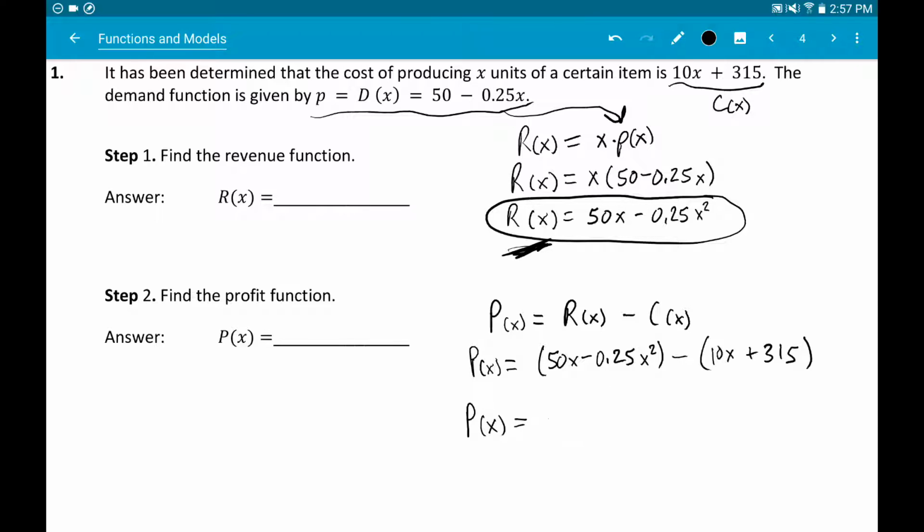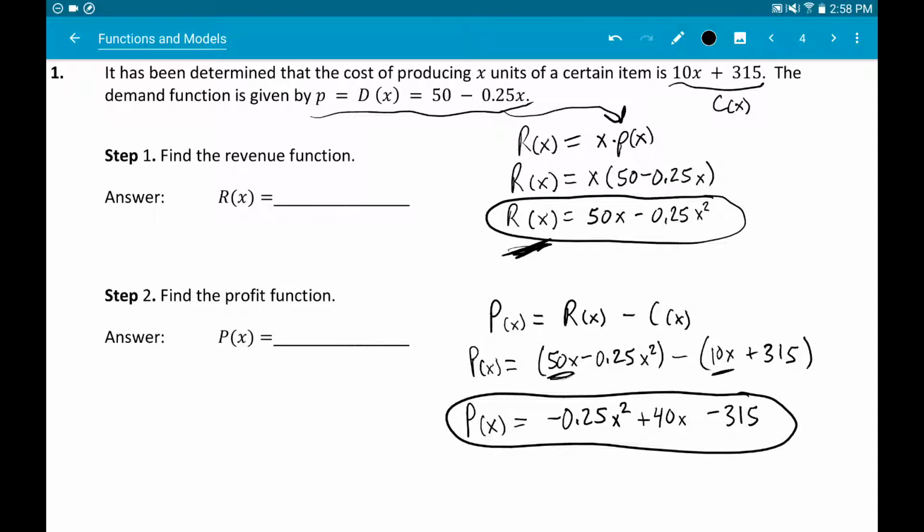So I'm going to write my x squareds first of negative 0.25 x squareds. Then I want to do my x's, so I've got 50x minus 10x. That's going to be 40x. And then my constant, don't forget to distribute your negative sign, so minus 315.